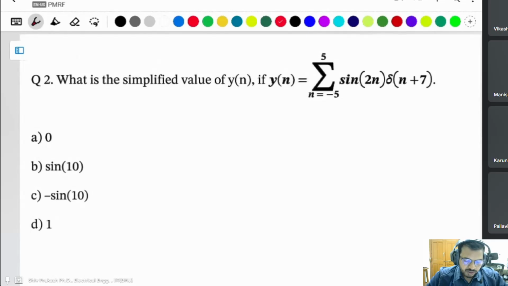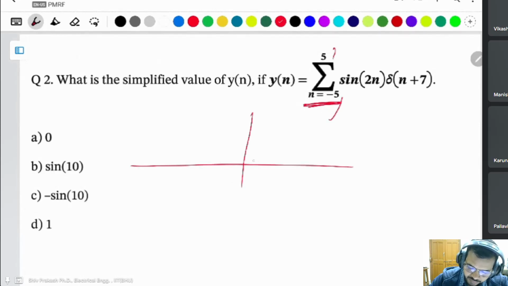Okay, there is another question. What is the simplified value of y(n), the sum for n equal to minus 5 to 5 of sin(2n) delta(n plus 7)? This whole signal is available on minus 5 to 5 only.